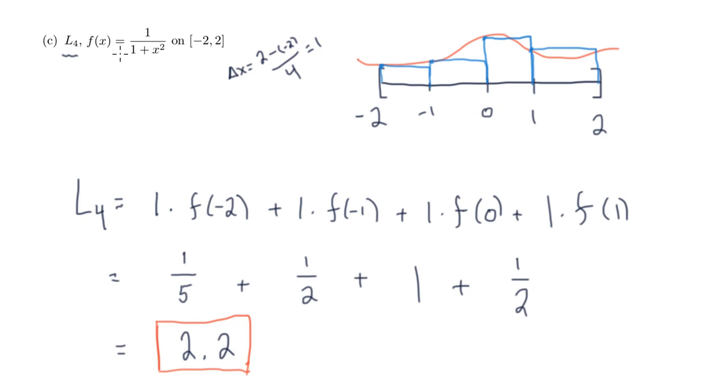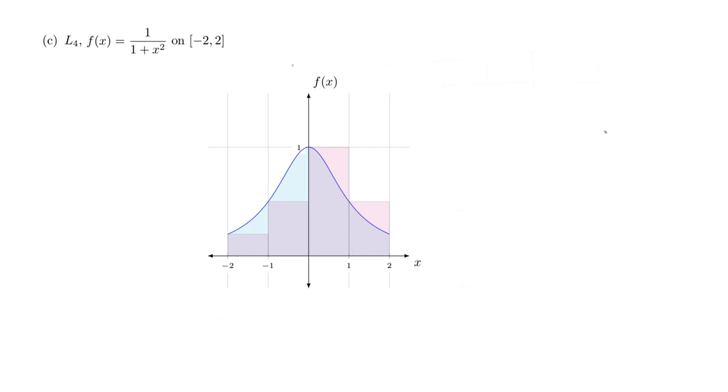Okay, so now let's look at a picture and see about how well we did with this approximation. Alrighty, so here we see the graph of f of x, 1 over 1 plus x squared, accurately graphed using a computer. And then we have these rectangles that are approximating the area under the curve. And so again, on the left-hand side, we're definitely underestimating for the first two rectangles, but then for the second two rectangles on the right-hand side, we're overestimating.